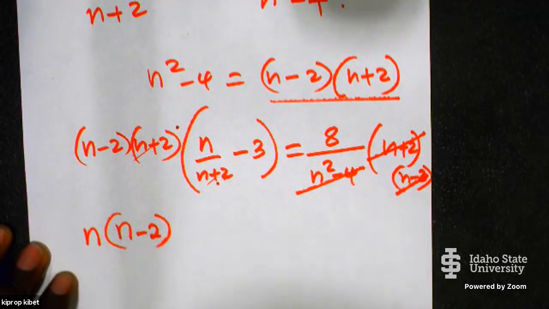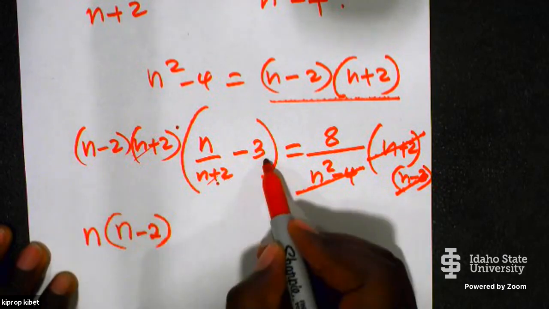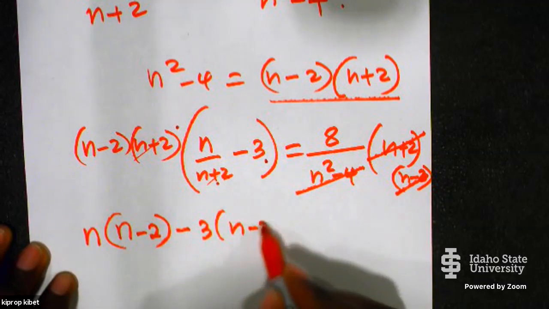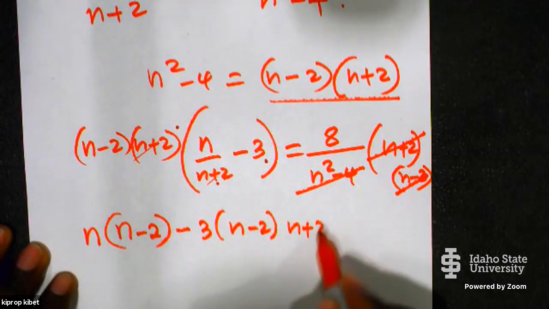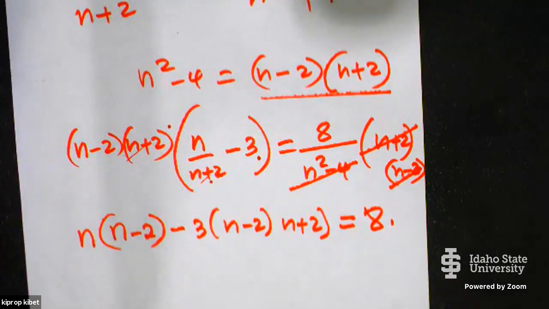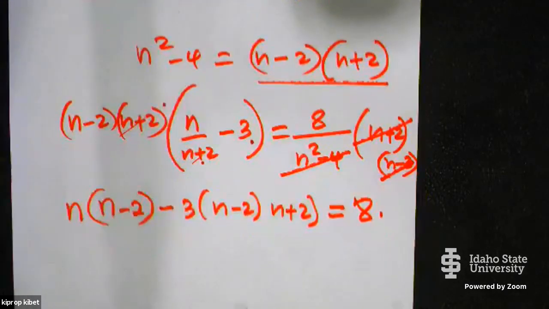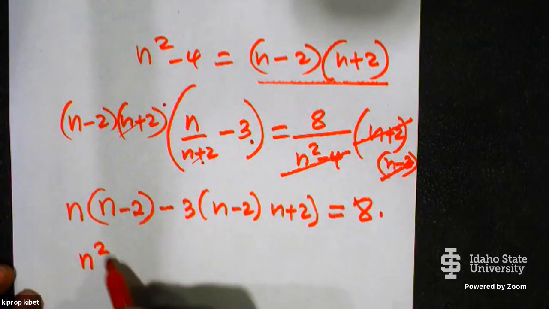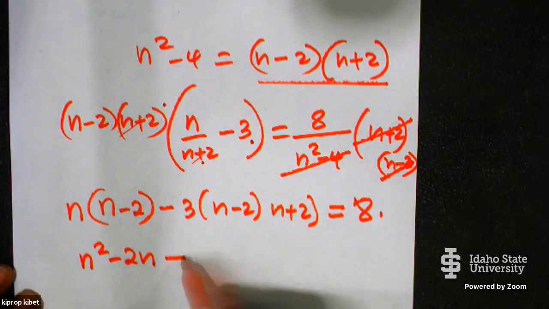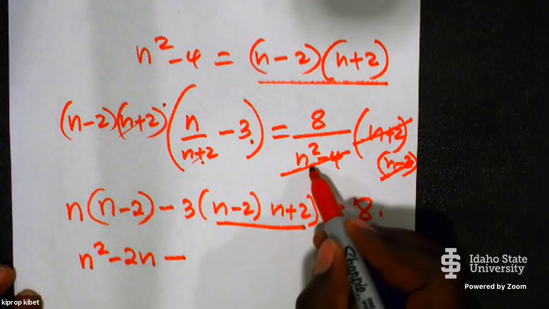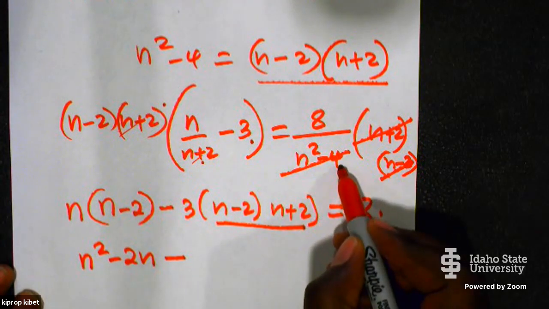So what you remain with is n minus 2 times n. Then again, you multiply this. So minus 3 times (n minus 2)(n plus 2) is equal to 8. So when you open these brackets, this is n squared minus 2n, minus 3 times (n minus 2)(n plus 2), which is n squared minus 4.